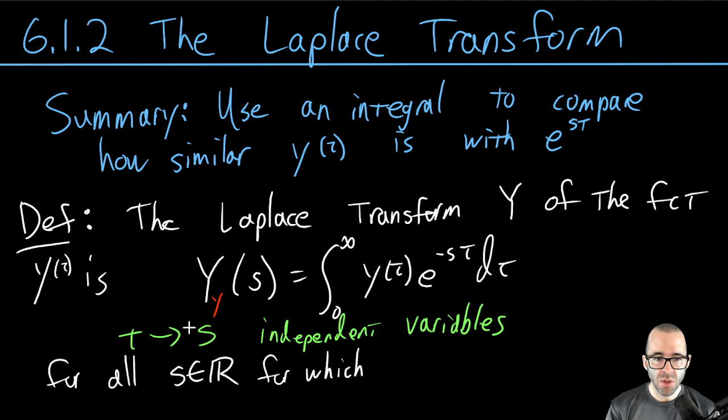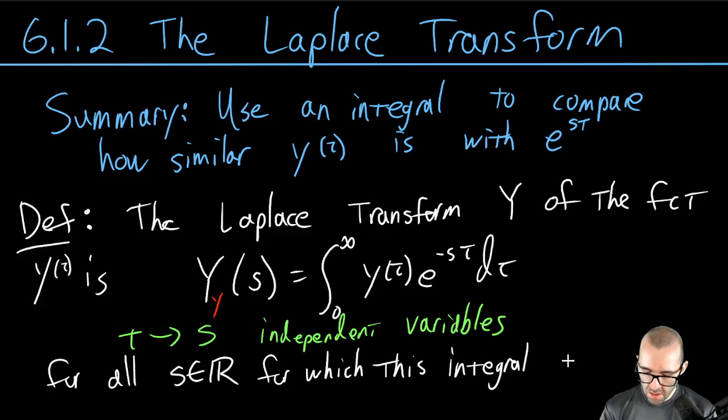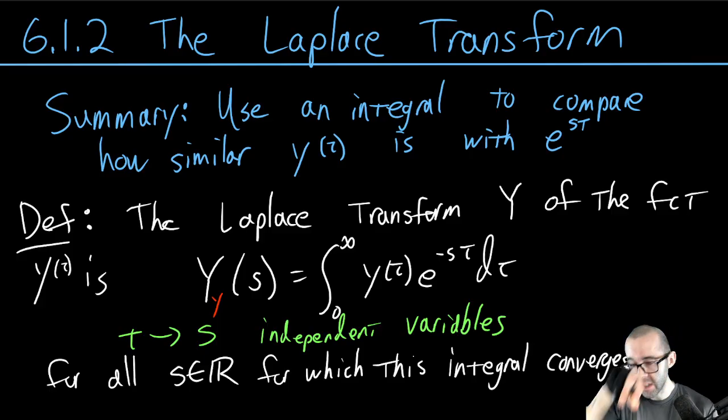So this function is only going to be defined for when this integral converges. So if you remember looking at improper integrals in like a Calc 2 class, we're going to use limits, and we're going to have to make sure that these integrals converge, and we're going to find out what values of s make these integrals converge, and that's where some of those restrictions are going to come into play.